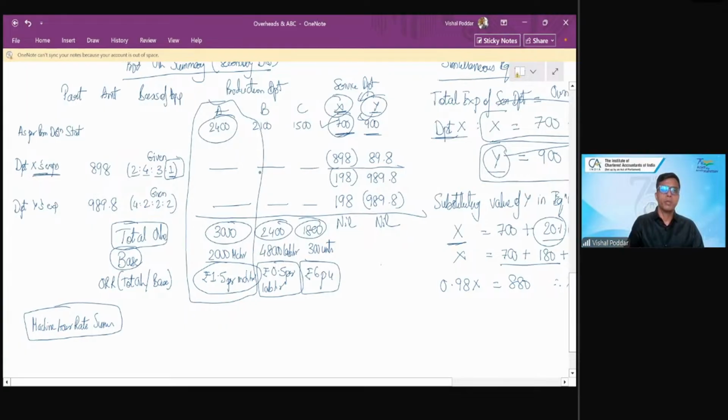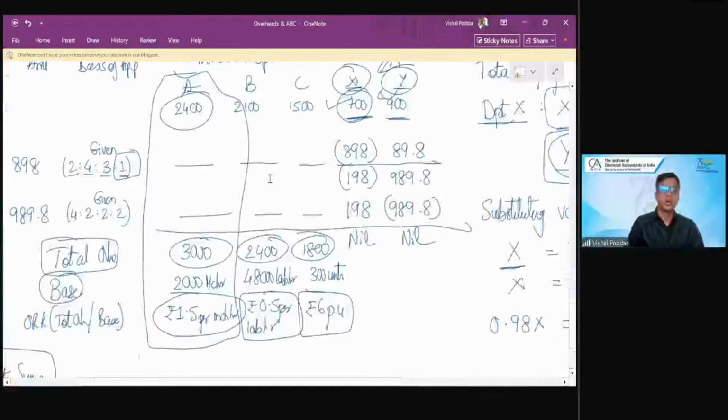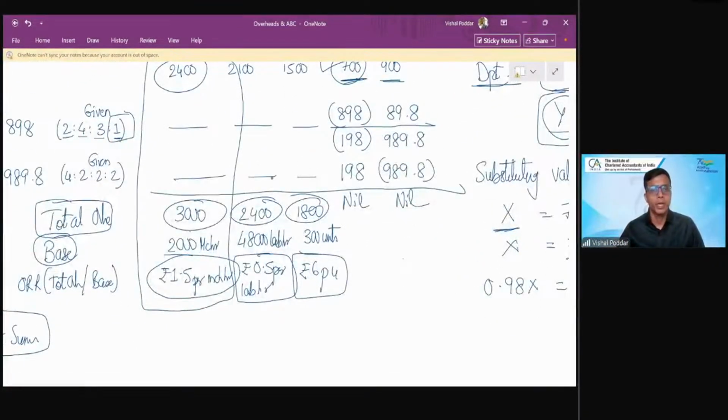How do I know department A is a machine department? Because department A has used machine hours as the base for finding out its ORR. It means department A is running using machines and not using labor. See, labor is always required to operate a machine, but the major operations are machine driven. They are automated. So we call it a machine department.